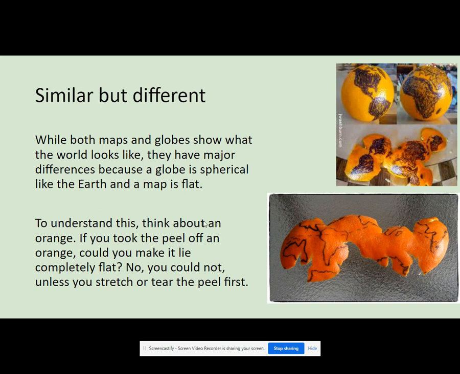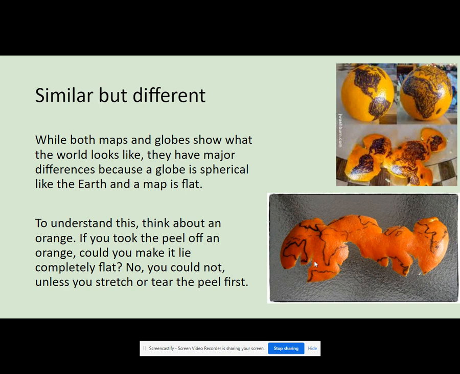So think about this orange, 3D at first, and then when you peel layers off, if you peel an orange, could you make the peel lie completely flat without messing it up? No, you couldn't. You could not get this to lie remotely flat unless you stretch or tear the peel first.